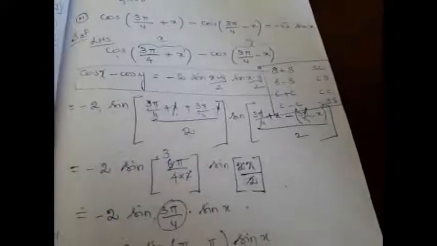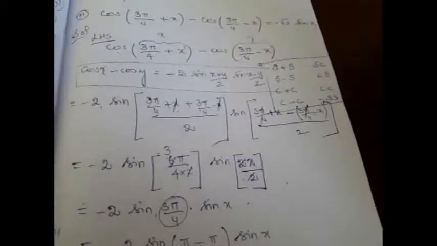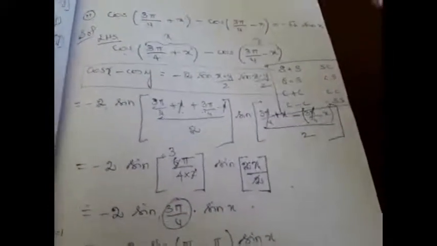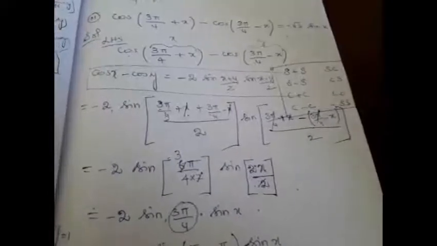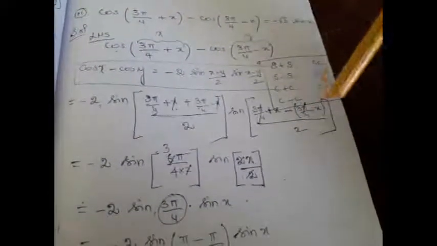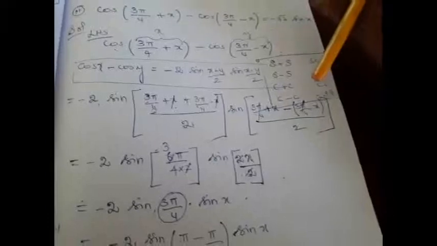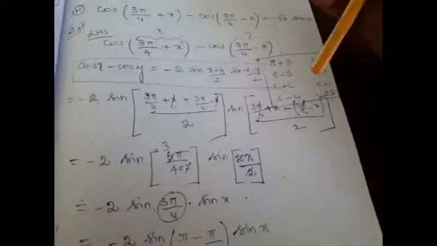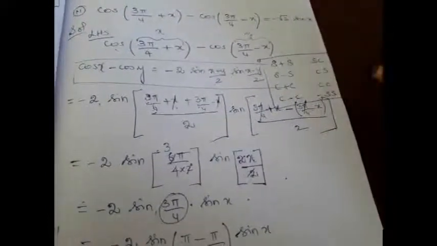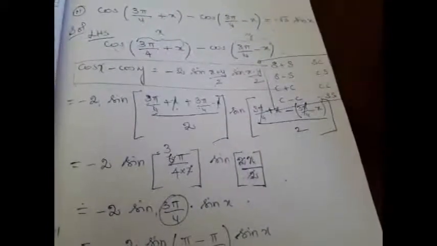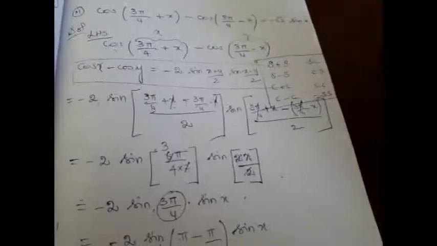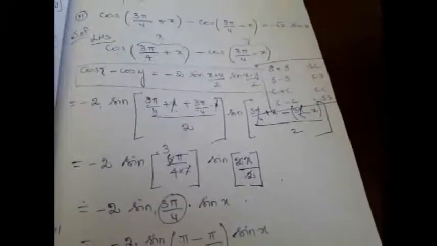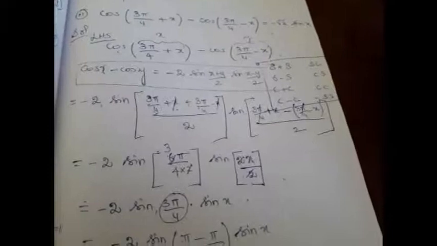All the conversions, if you know properly, you can do wonders in trigonometry. And there is no hard and fast rule that only this method you have to proceed, only then you will get an answer. Not like that. Trigonometry is just a beautiful chapter where you can adopt your own ideas, your own procedure. But the actual proper conversions you should use. Then you can arrive at the correct answer.